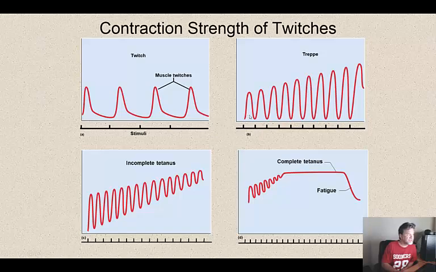We start stimulating a little more rapidly, right when the signal gets down into this region somewhat. That will develop what's called an incomplete tetanus. And you can see it builds much faster. The maximum contraction builds much more quickly as we increase the rate of stimulation.